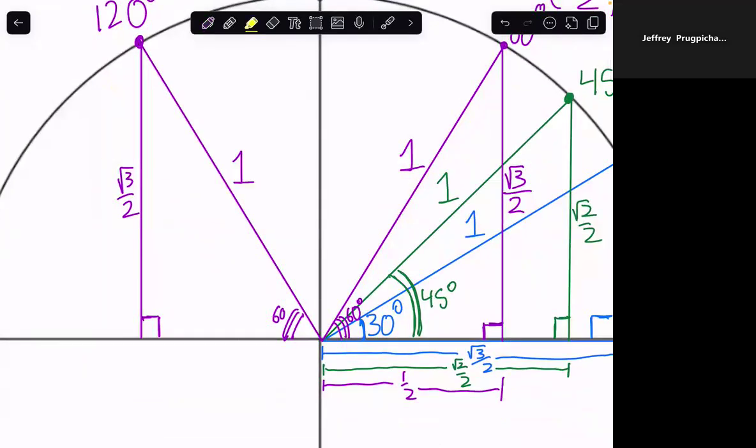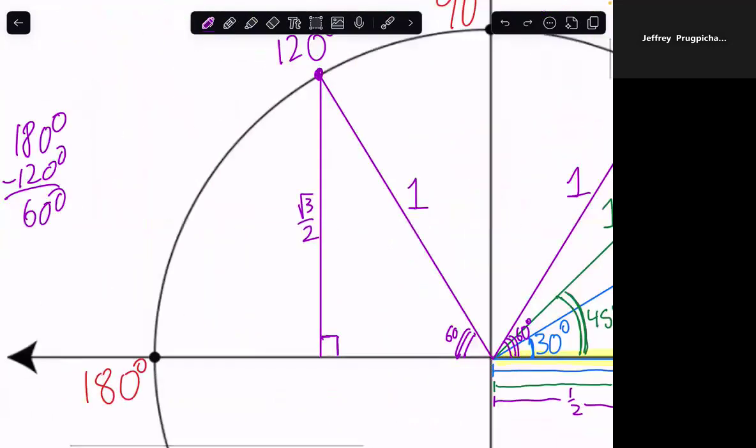The bottom side of the triangle, which we said is half a unit long, that also needs to reflect over here, right? But let's think about how the coordinate plane works. You've got positive numbers over here, you've got positive numbers over here, but to the left are negative numbers.